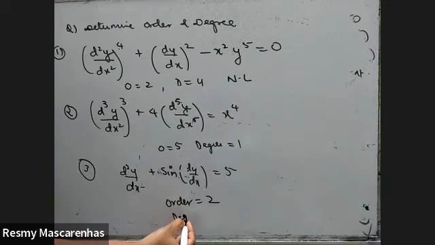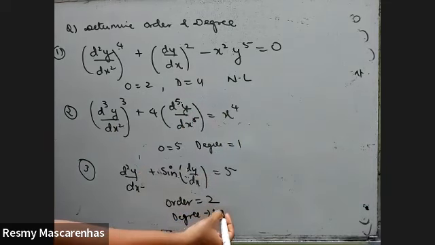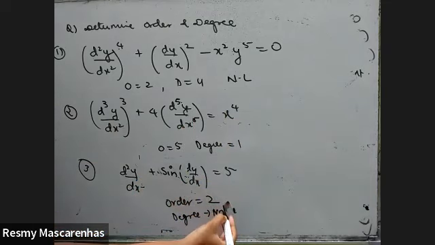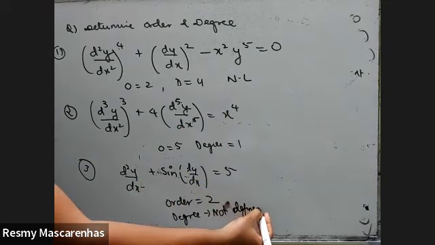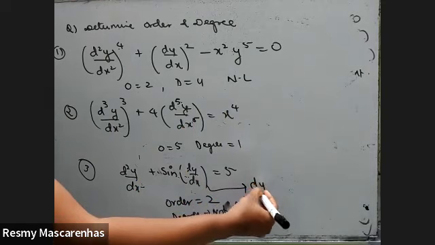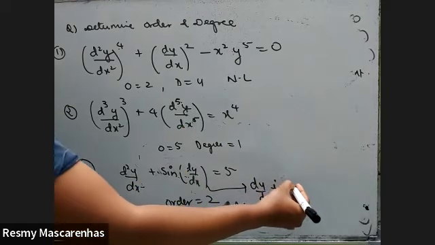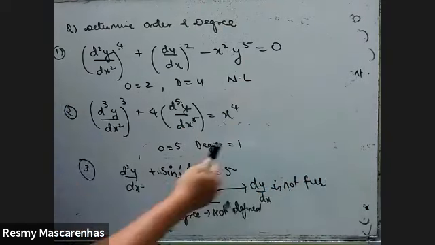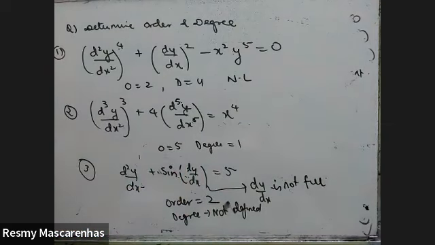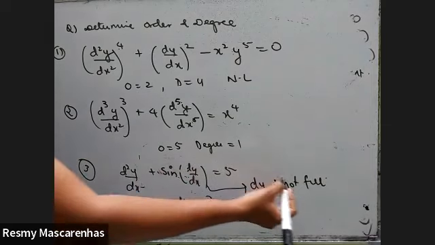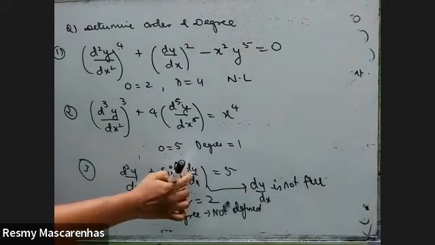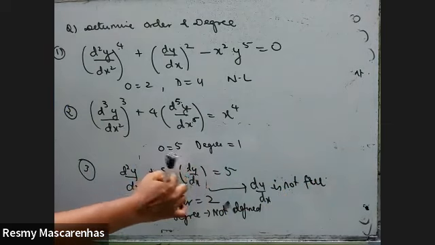So here what you have to write is not defined, because dy by dx is not free. It is trapped inside the sine function. Dy by dx is locked inside the sine function.